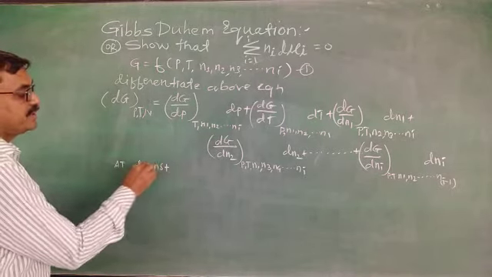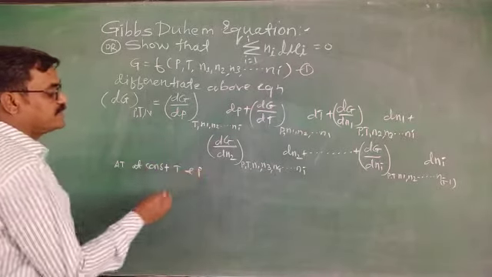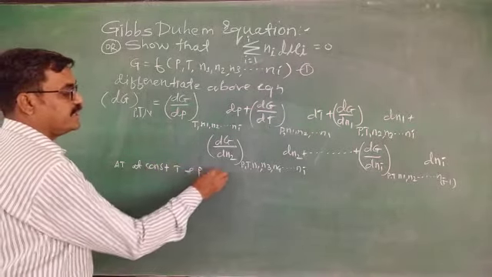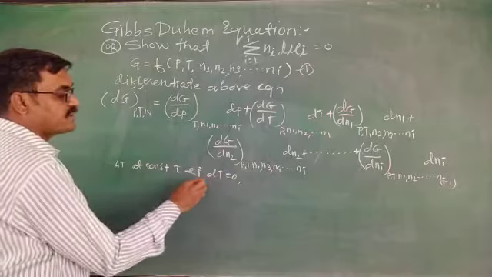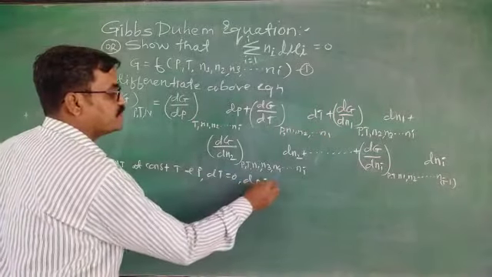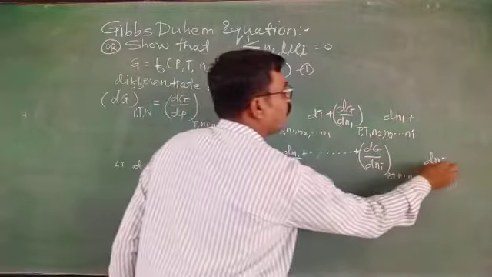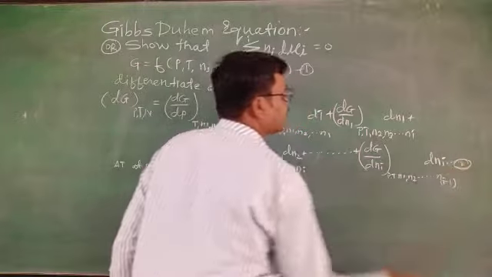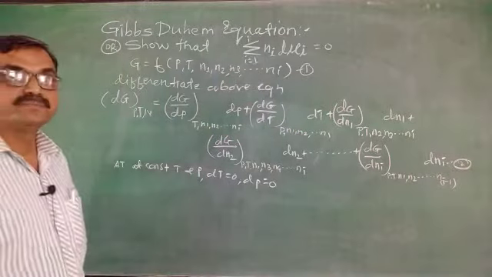But at constant temperature and pressure, as T is constant dT becomes 0, and as P is constant dP becomes 0. Then what about this second equation?